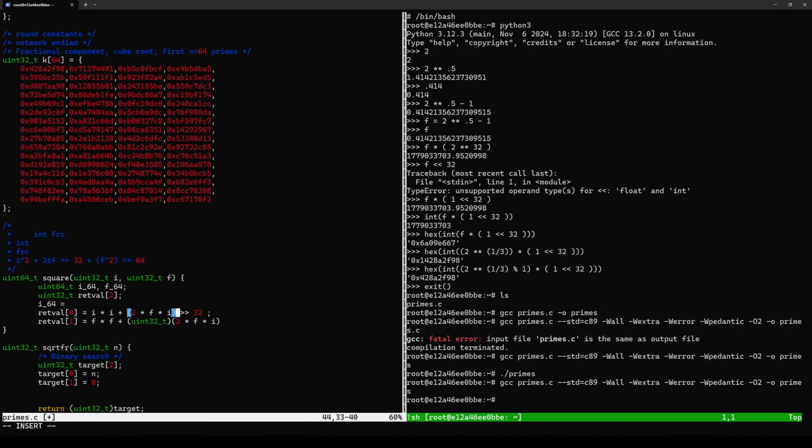We need to target that this value, 2 times f times I, shifted to 32. Do we need to shift it? So 2 times 0.4, regard that as a high value, so it is a large number, roughly 2 to the 31, 2 to the 30-something.